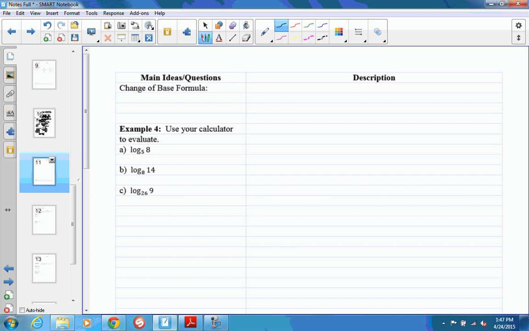So the change of base formula, guys, it's the same kind of basic thing for logs. y equals log base a of x. While you're writing this down, listen to me very closely. Don't get this confused with any of the properties we did where we were using these to expand and contract expressions.